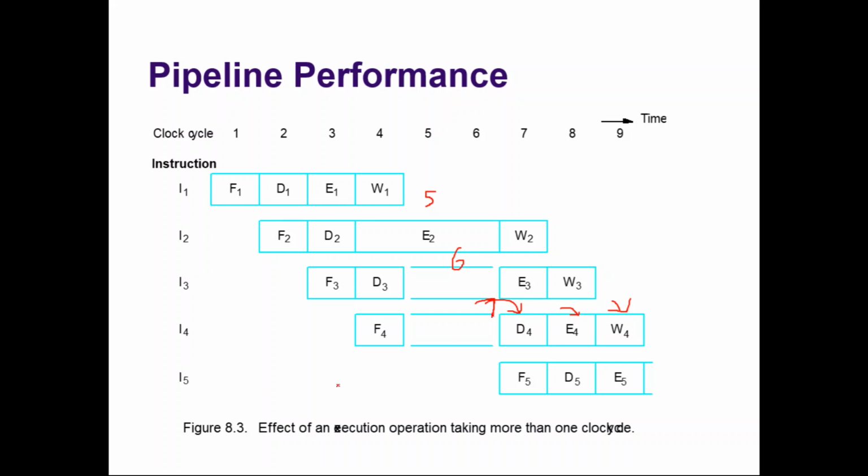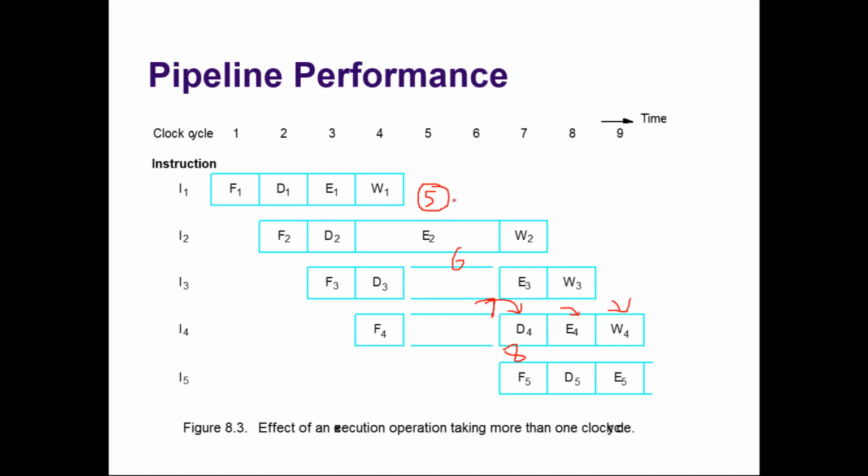Its fetching is delayed to the 7th clock cycle, and then it is decoded and executed. So it will complete at the 10th clock cycle. Otherwise it is supposed to complete at the 8th clock cycle. So now all instructions are delayed by 2 clock cycles.